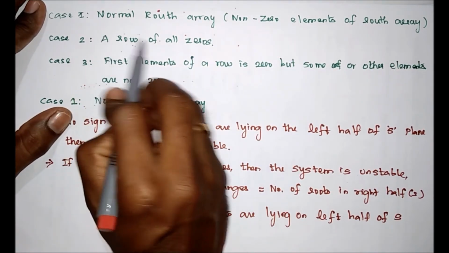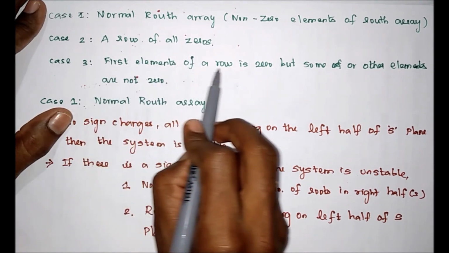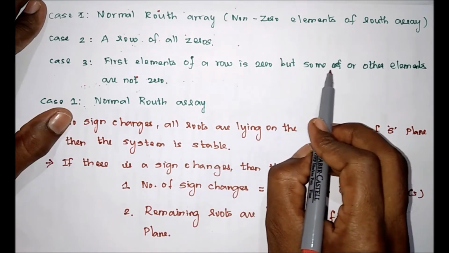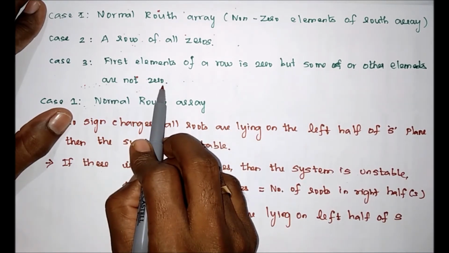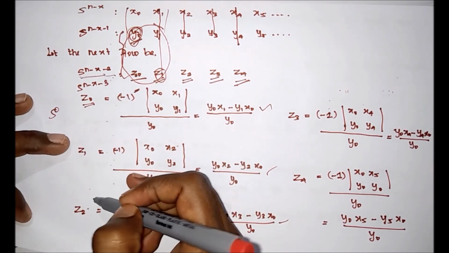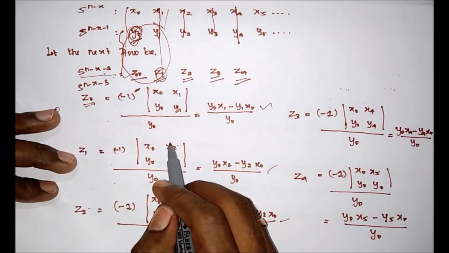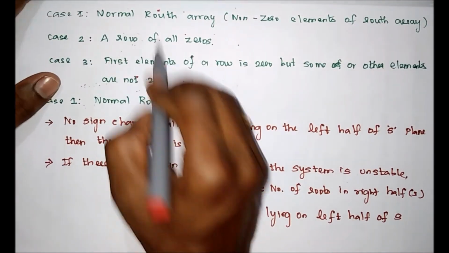The next one is a row of all zeros. The third one is where the first element of a row is 0, but some or other elements are not 0. While using this procedure to calculate the next s power terms, we have to use this concept. There are 3 cases that may come.